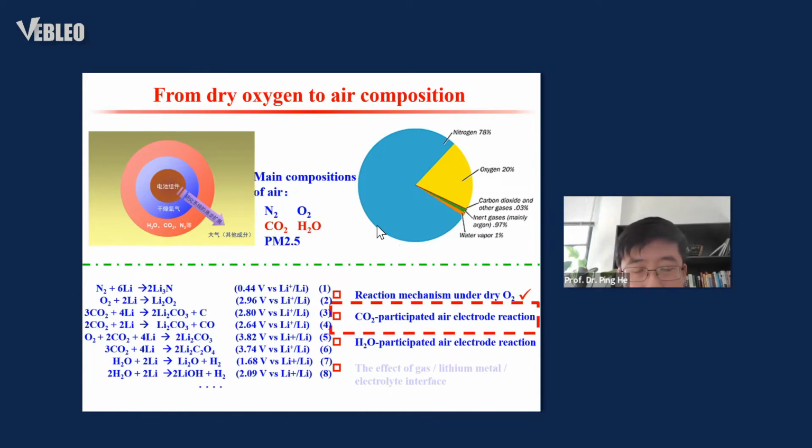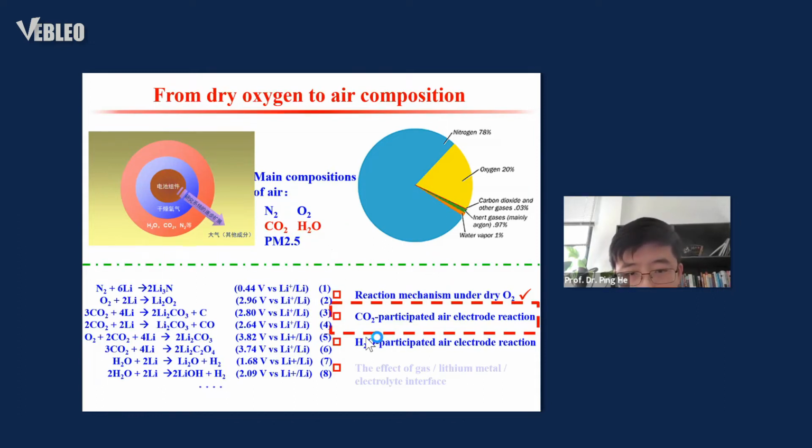If we want to use this lithium oxygen battery for practical application, we should research the air compositions. We know the atmosphere contains many components, such as nitrogen, oxygen, carbon dioxide and water.